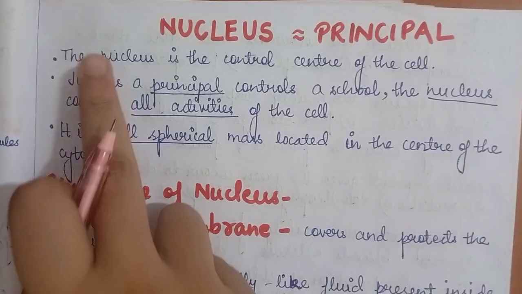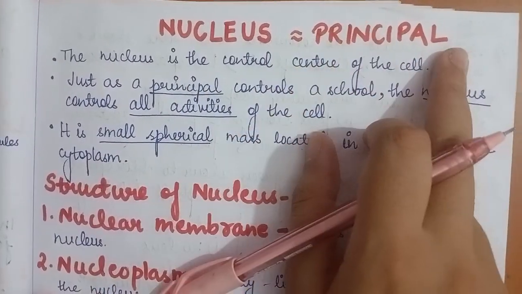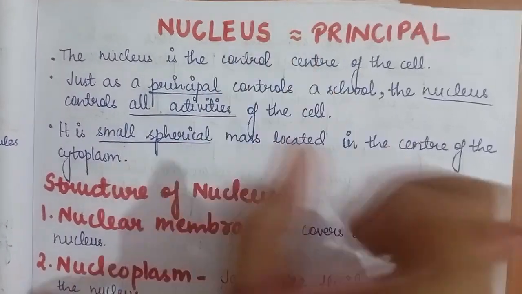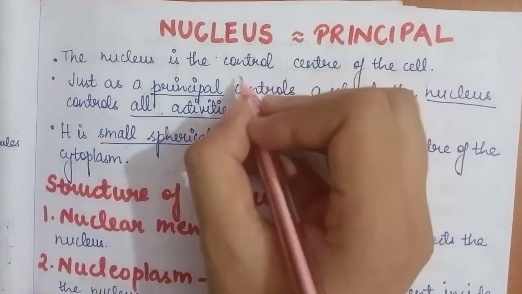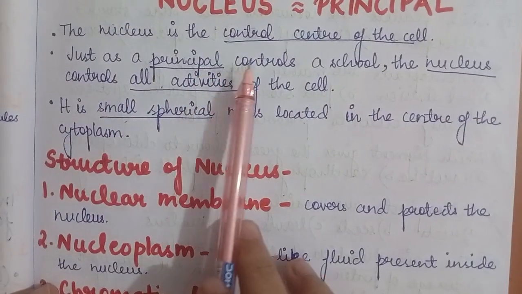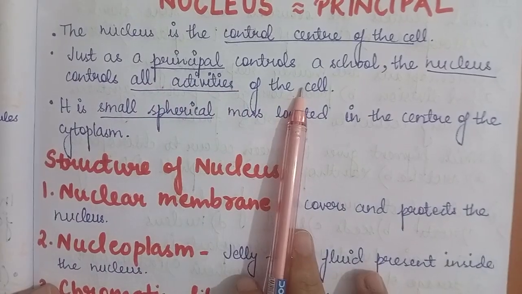Okay, let's study about the nucleus. The nucleus is the principal organelle of the cell. It is the main center of the cell. Note this point: the nucleus is the control center of the cell. Just as a principal controls a school, the nucleus controls all the activities of the cell.